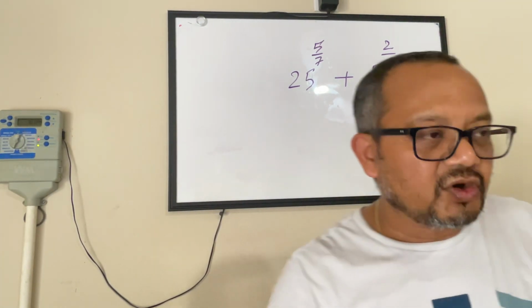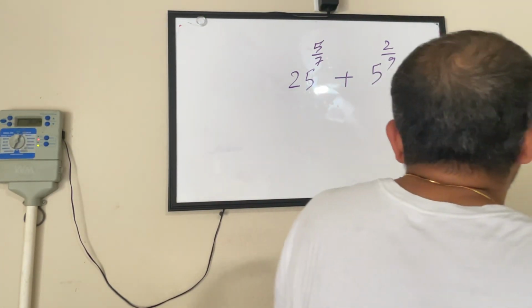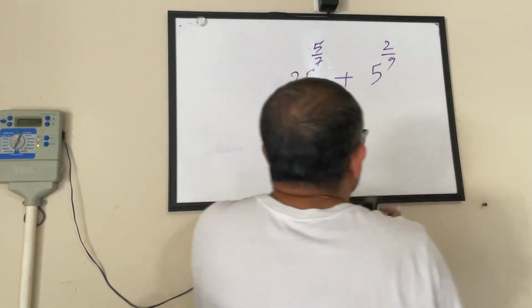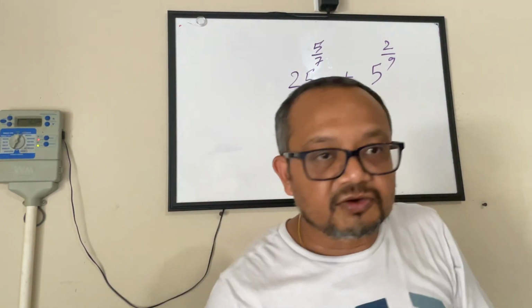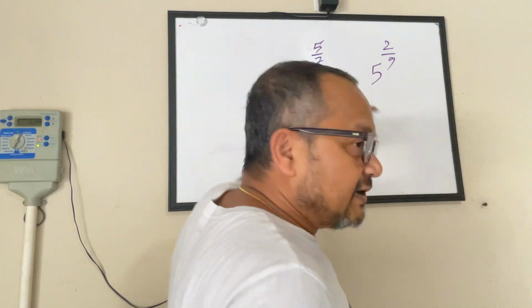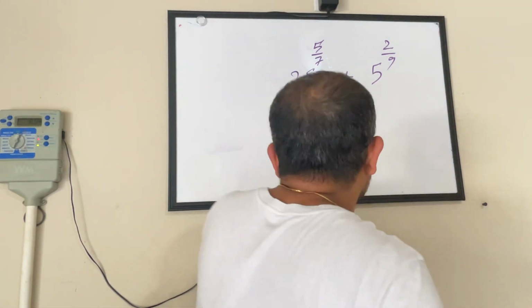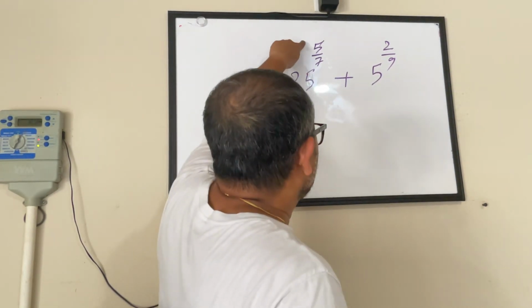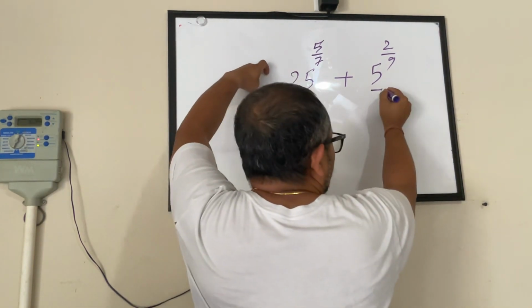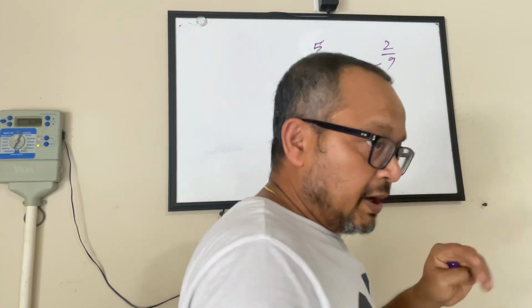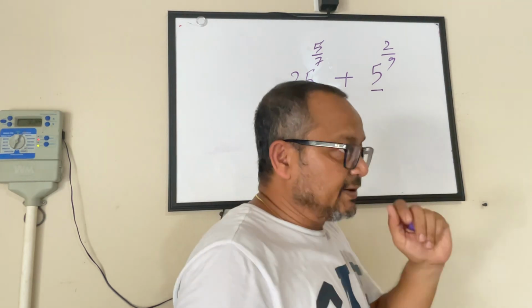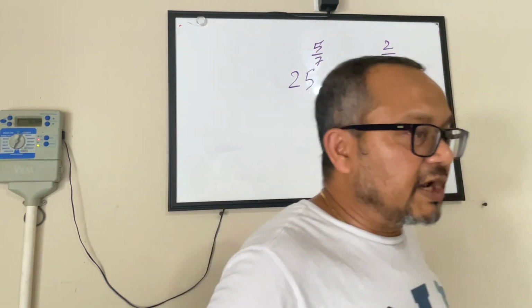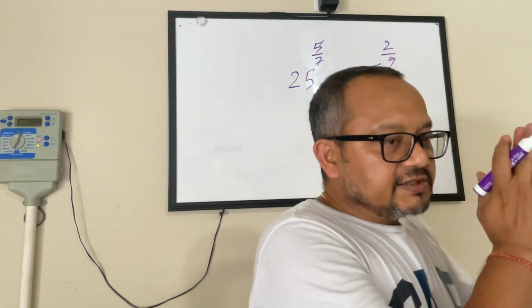I know most of you would have solved it, but let's try finding out what we are trying to do, and we'll apply all the things that we have learned. Okay? 25 to the power 5 by 7, and here we have 5. When we do maths, one thing we always apply is to try simplifying.